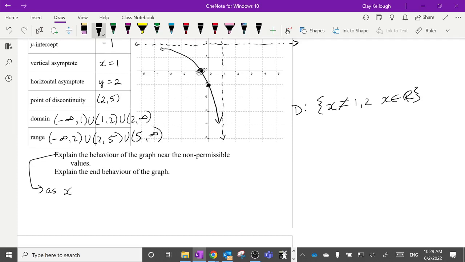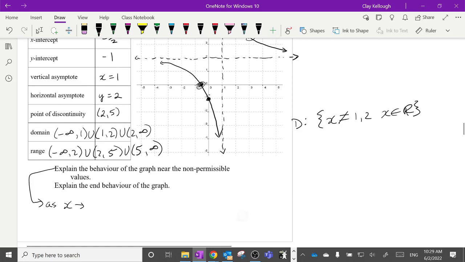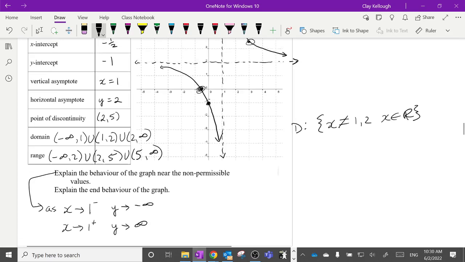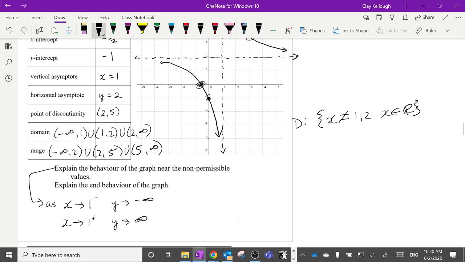As x approaches, okay, so the first one is the asymptote. As x approaches 1 from the left, y goes to negative infinity. As x approaches 1 from the right, y goes to positive infinity, right? Because it goes down forever, up forever.